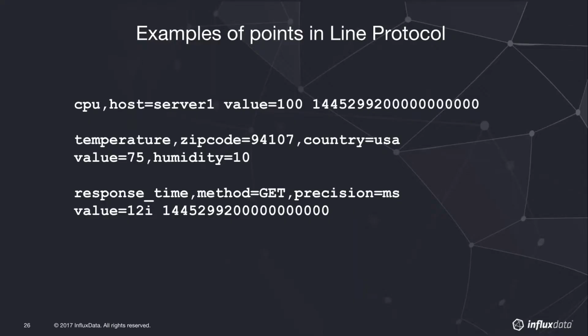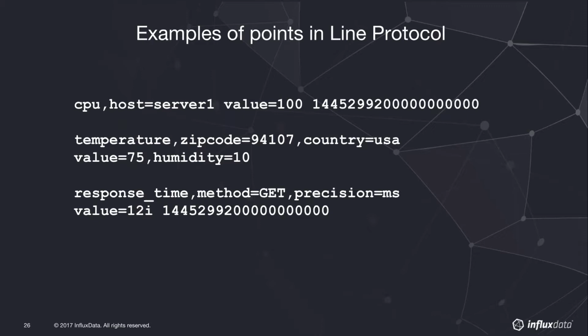So let's look at some examples of points in line protocol. The first one is one that you will see if you get the Sandbox up and running, because Telegraf will automatically start pulling metrics from your machine, and you'll be able to see great graphs of system usage, CPU, and various other metrics right off the bat. You can see it in Chronograf right when you start the Sandbox.